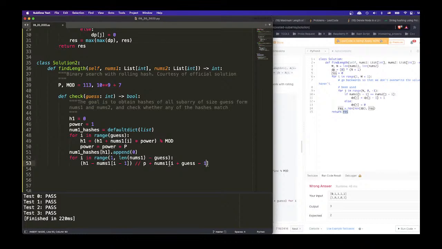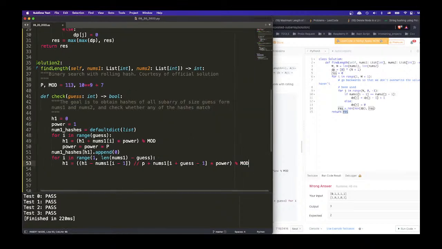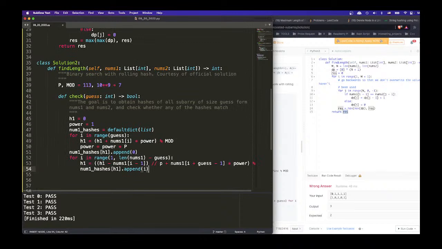So we're gonna plus nums1 I plus guess minus 1 multiplied by power, and h1 will equal to this mod, and nums1 hashes h1 dot append I until we go to the end.